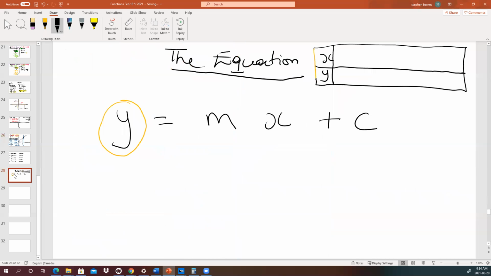So just follow me. I'm just going to be copying the table back here. I'm going to run out of space. 0, 1, 2, just for the benefit of us understanding y equals mx plus c.